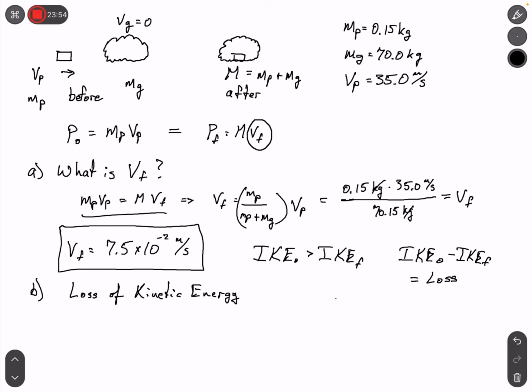So what do we have initially? Our KE initial is equal to 1/2 m puck v puck squared. And we're going to subtract off our KE final, which is 1/2 big M times V final squared.